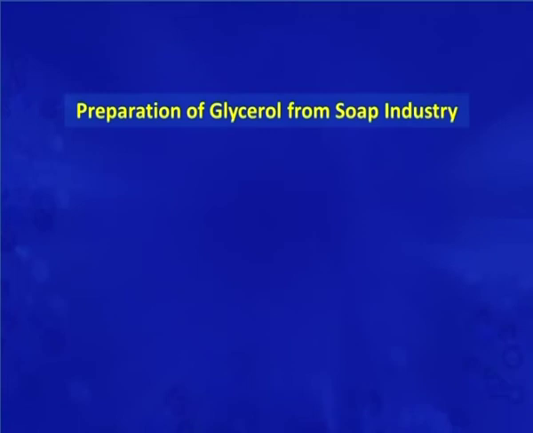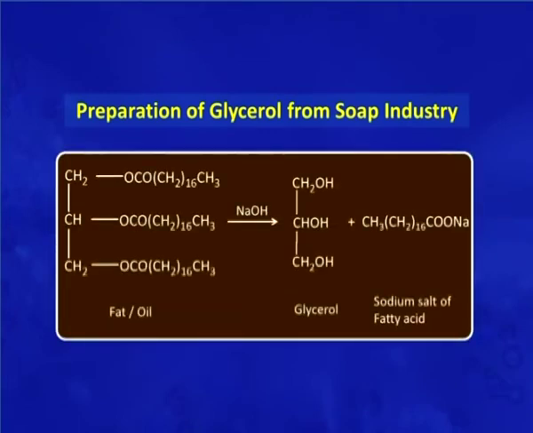from the soap industry. First of all, see, this is the general structure for a fat or an oil, where you can see these molecules are long chain fatty acids. Actually, the fats and oils are the glyceryl esters of long chain fatty acids.